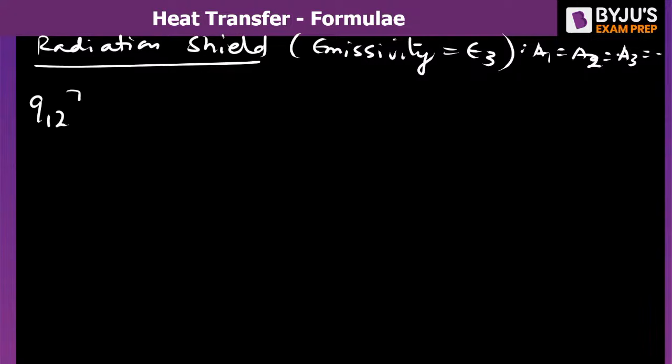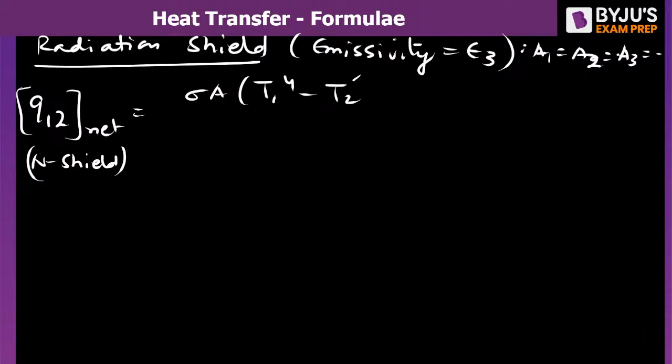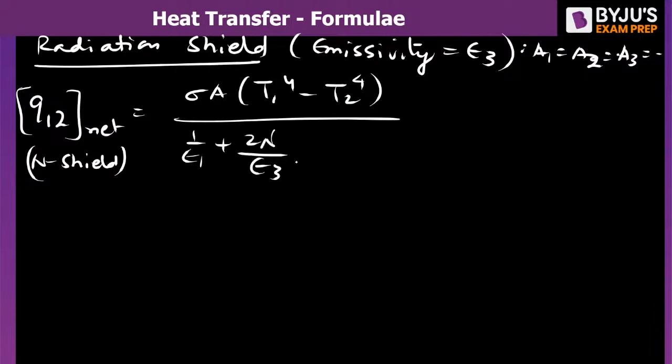So Q122 net with N shields will be written as sigma into A into T1 to the power 4 minus T2 to the power 4, divided by 1 by epsilon 1 plus 2n by epsilon 3 plus 1 by epsilon 2 minus n plus 1.